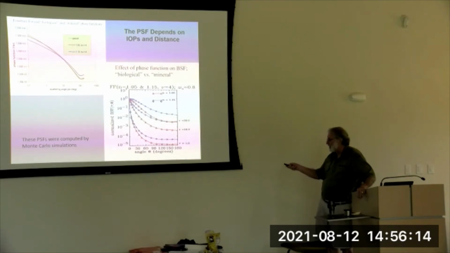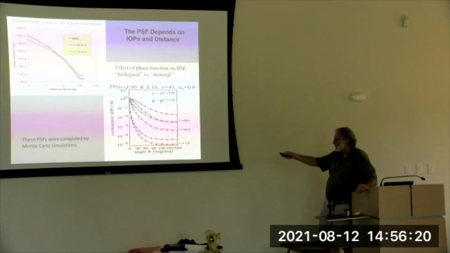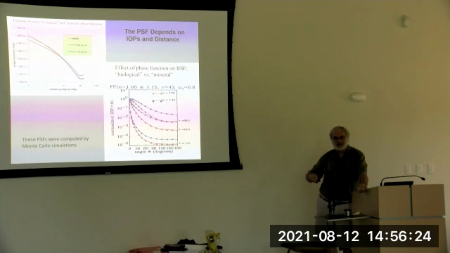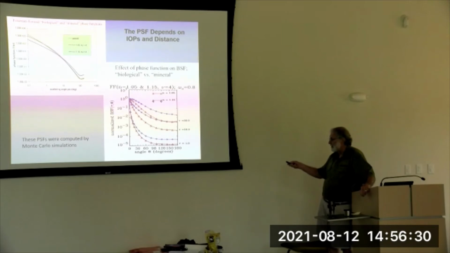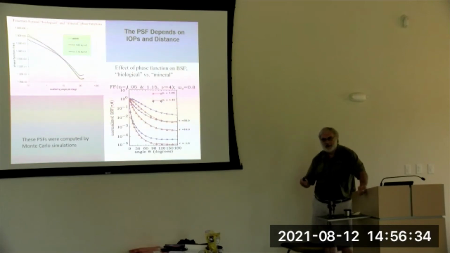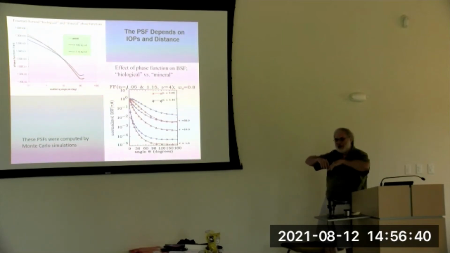But as I go to further distances, the amount of multiple scattering becomes large, and these curves flatten out and no longer look like the volume scattering function. They then approach something called the asymptotic radiance distribution, or its shape, which we haven't talked about here, but that means you've got lots and lots of multiple scattering.